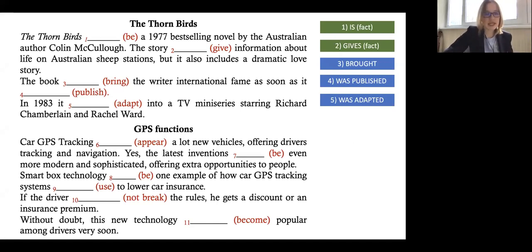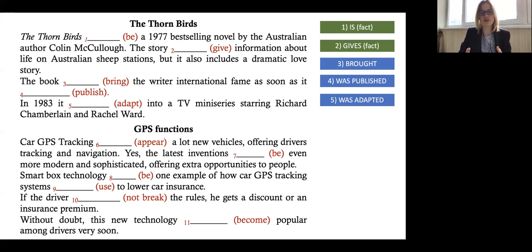In 1983, it was adapted into a TV miniseries starring Richard Chamberlain and Rachel Ward. In this case, we have again the past indefinite tense in the passive voice, because the book didn't adapt itself, so it was adapted. The passive voice is used first of all.